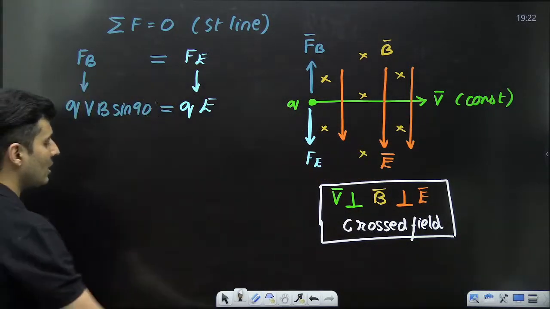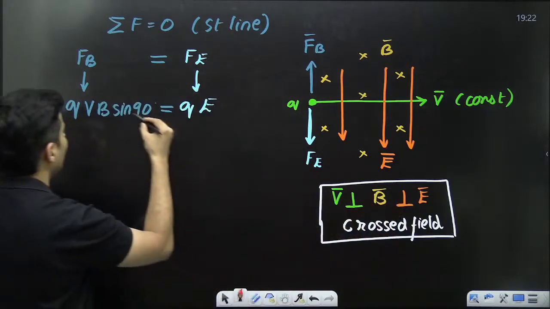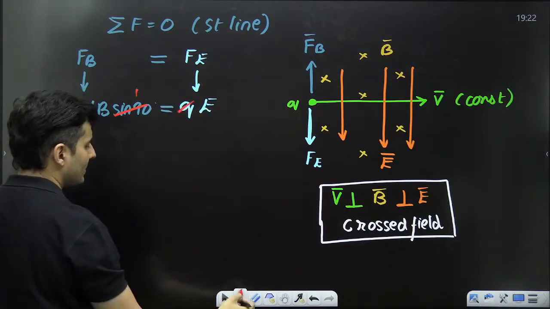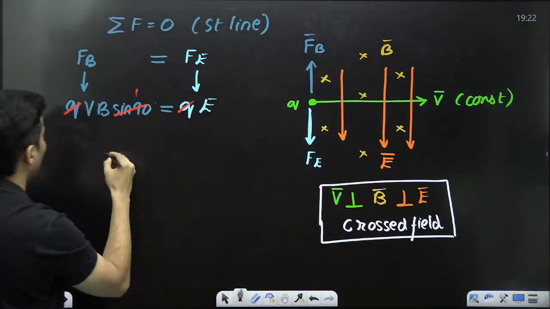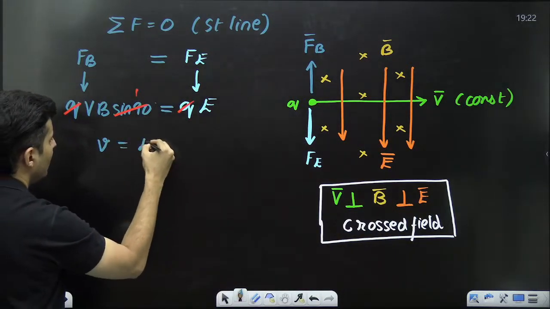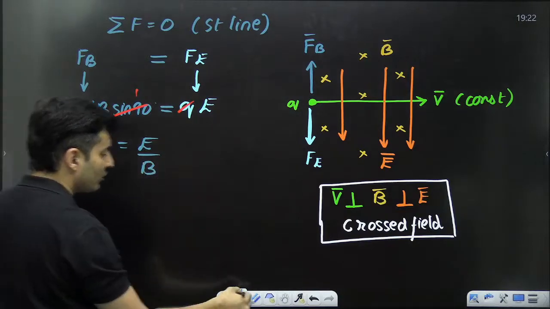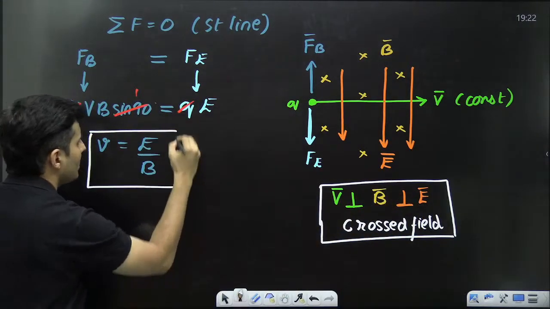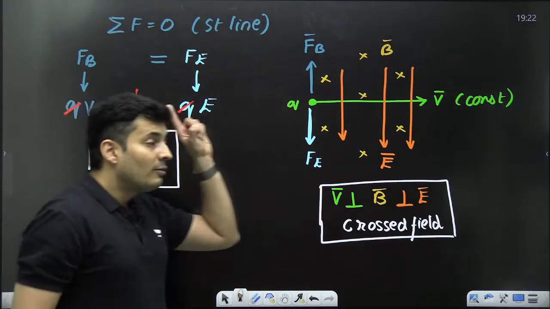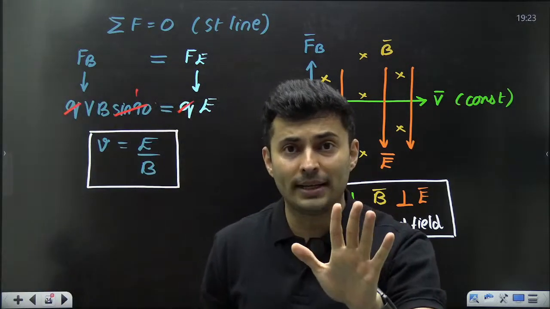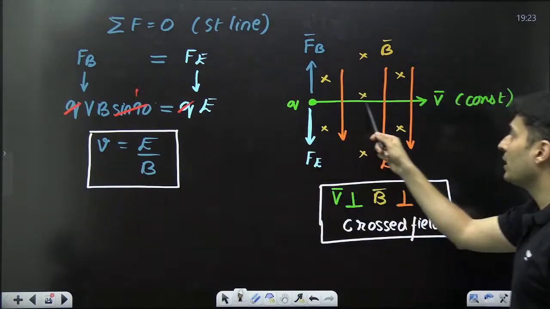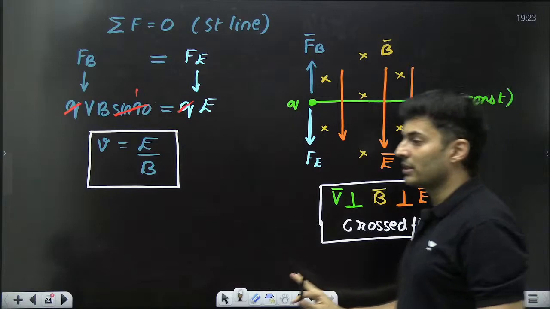Now once this equation is written down, it's very obvious sin 90 is 1, Q and Q will cancel. So from here velocity will be E by B. Now this formula is very, very important. If you throw it with this speed only, then the particle will go with a constant velocity.